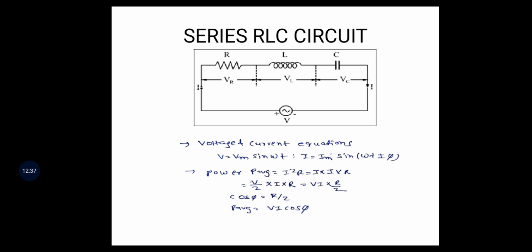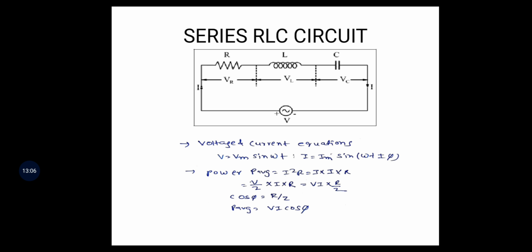In case 3, when XL minus XC is 0, that is XL equal to XC, the circuit is purely resistive. In this case, the current I and applied voltage V will be in phase, that is phi equal to 0. Then power factor cos phi equal to cos 0, that equals 1.